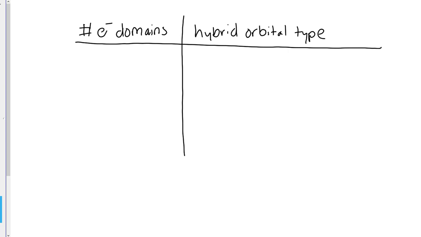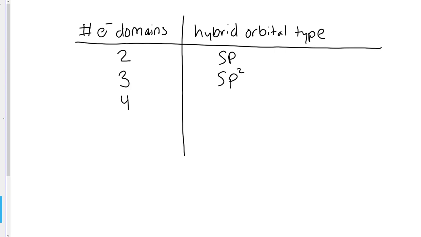The first kind we had was carbon dioxide, when we had 2 electron domains. So we combined an s and a p. The next one we had was boron trifluoride. We had 3 electron domains. So the 3 we combined was an s and 2 p's, so it was sp squared.